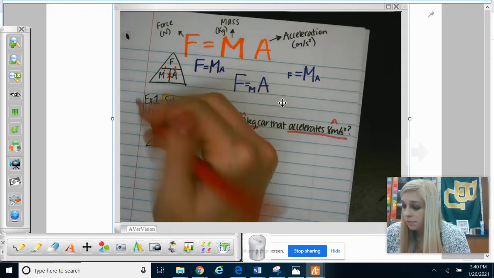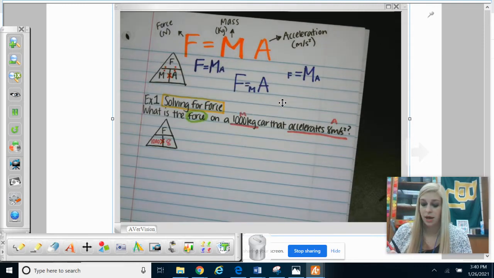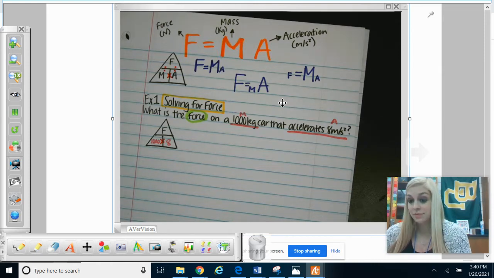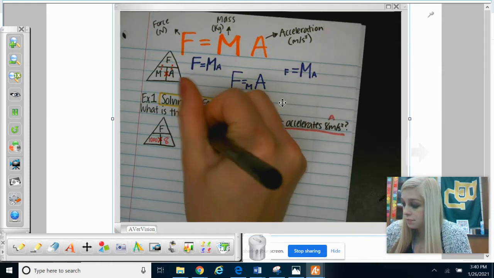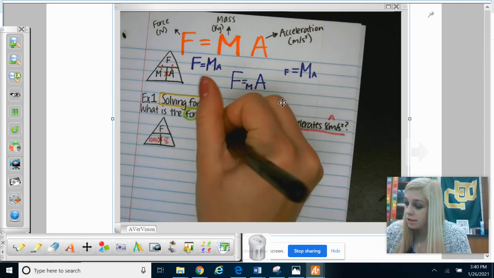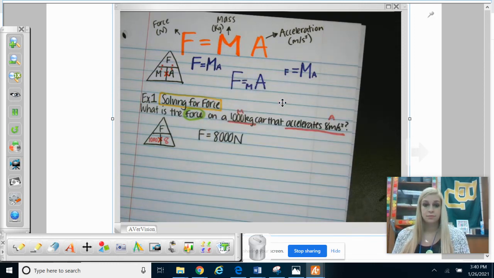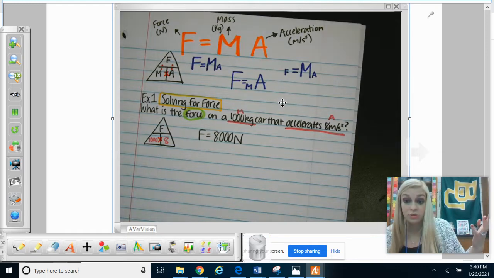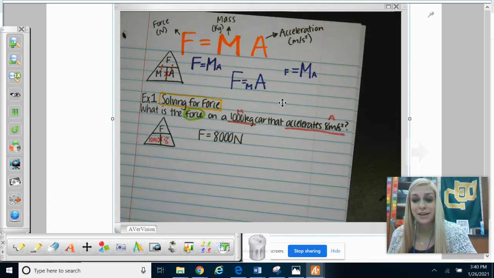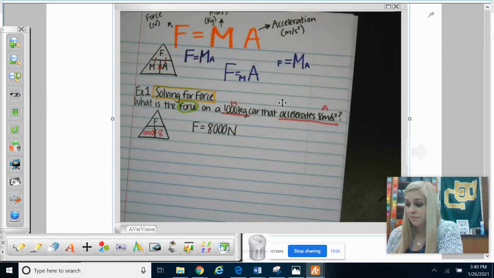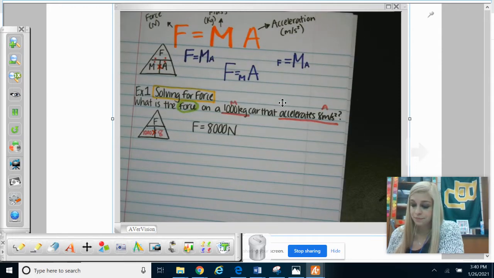Check your triangle up here. If they're side by side, you multiply. So what is 8 times 1,000? 8,000 newtons. So if you're solving for force, you're just multiplying. Easy peasy, you have a calculator. So y'all got that. All right.